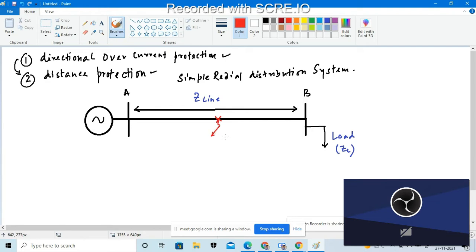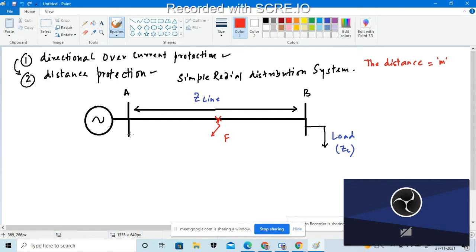If we consider the distance as m from the fault side, as we are considering a distance relay, we need to calculate this distance, that means from the fault to the sending end, the system which will be connected across this bus.